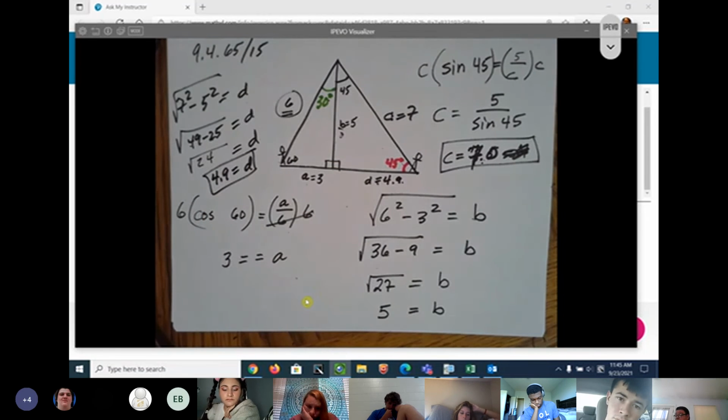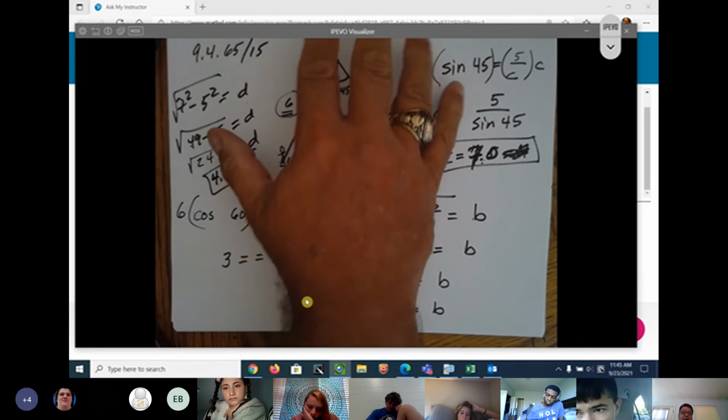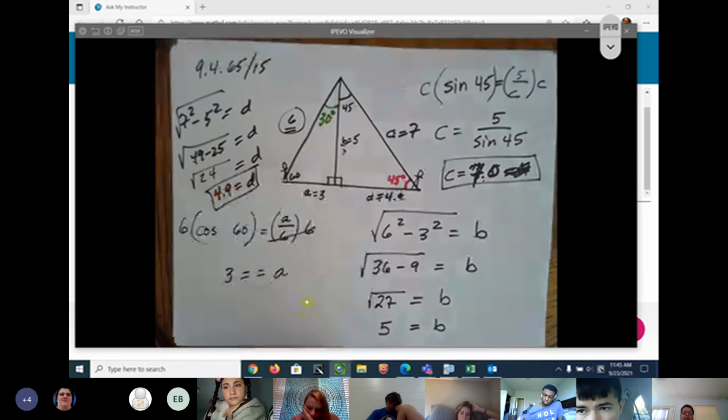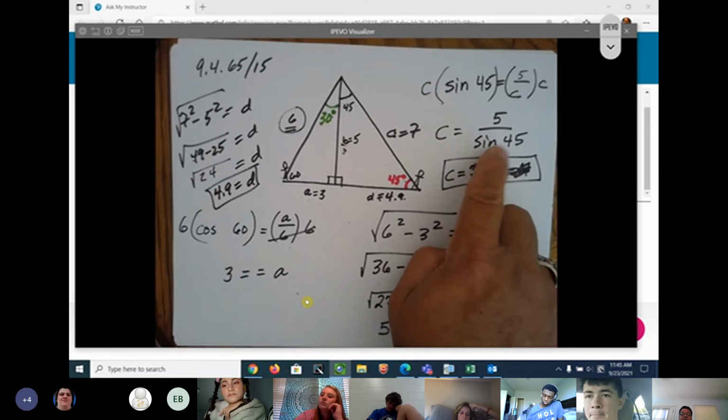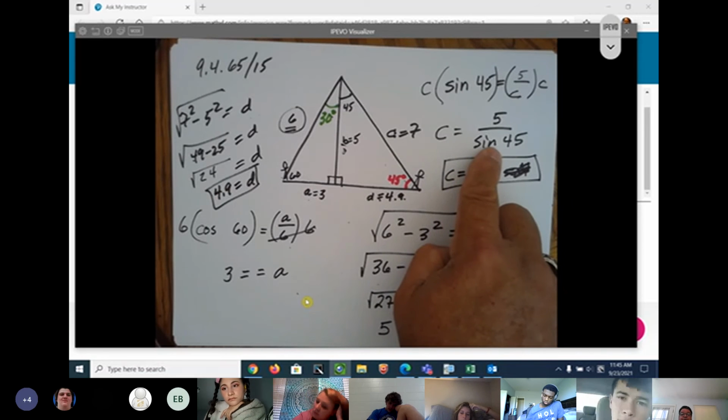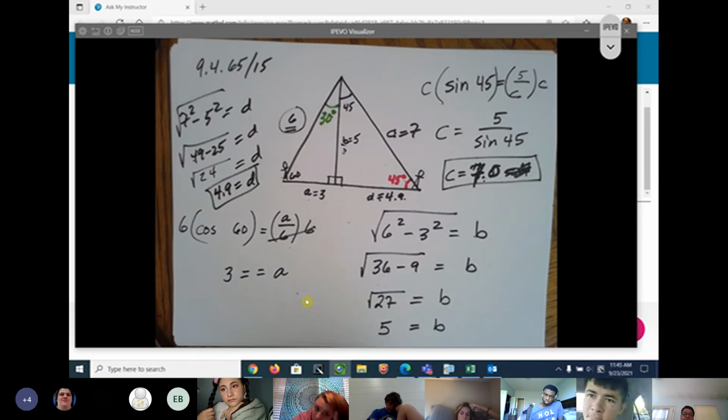Now, whether they want you to do radicals or whatever, I don't know, but I'm showing you how to do it trig-wise. Now, mathematical-wise, if they want you to put sine of 45, that is the square root of 2 over 2. They might want you to put it in terms of radicals.